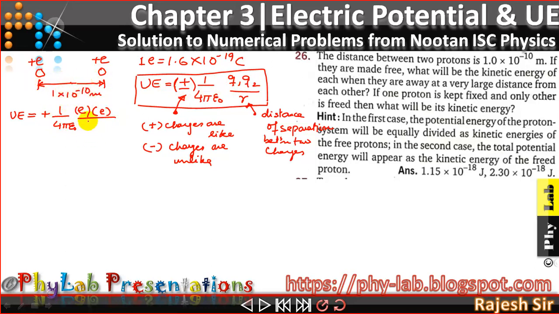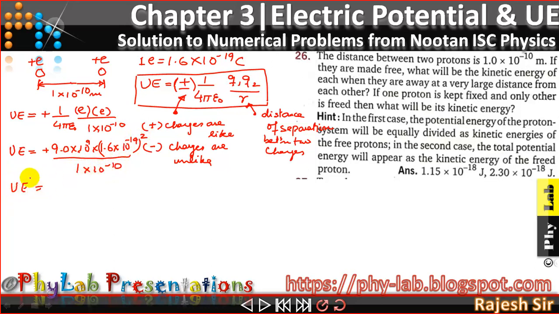That is 1 × 10^-10. So I write down 1 × 10^-10. So this is the electrostatic potential energy, which on solving comes out to be 9 × 10^9 × (1.6 × 10^-19)² upon 1 × 10^-10.